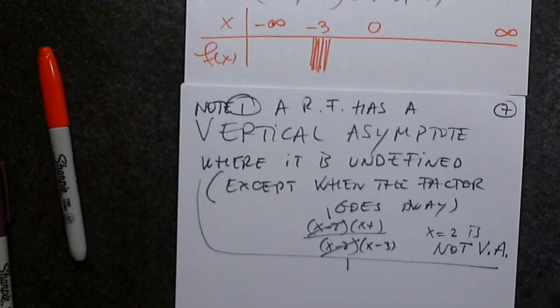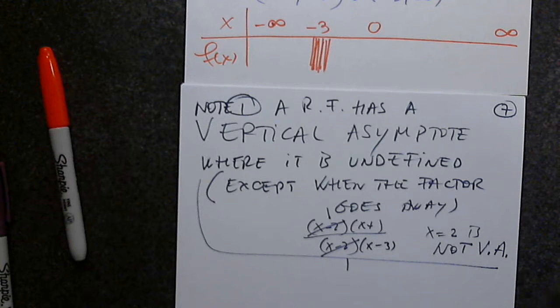So because it's undefined at negative 3, the function can do this. The sides around negative 3 go to infinity. So x equals negative 3 is the vertical asymptote. And the sides go both to positive infinity. One option. The sides go both to negative infinity. Second option. And the sides, of course, can be positive, negative. 4 different options.